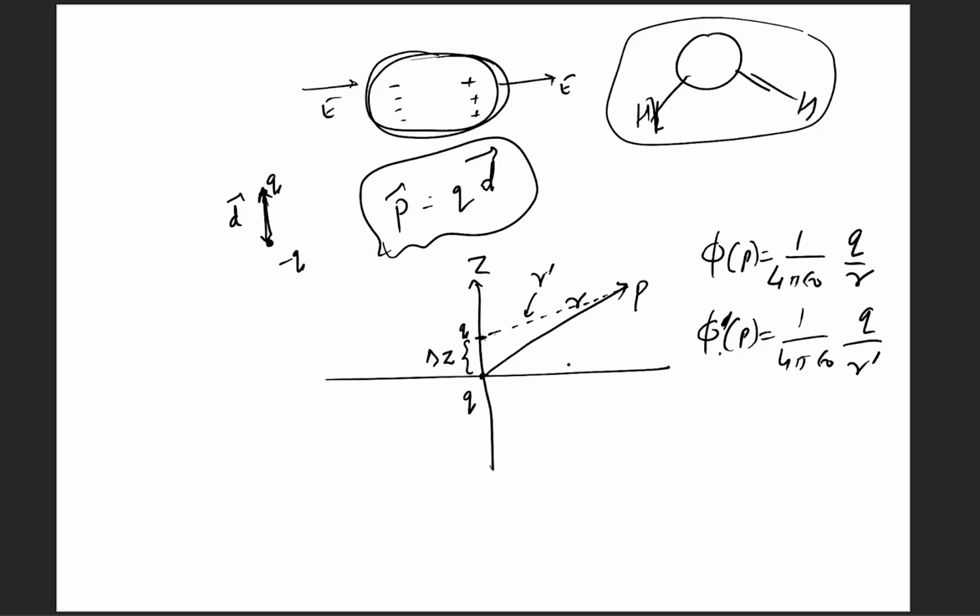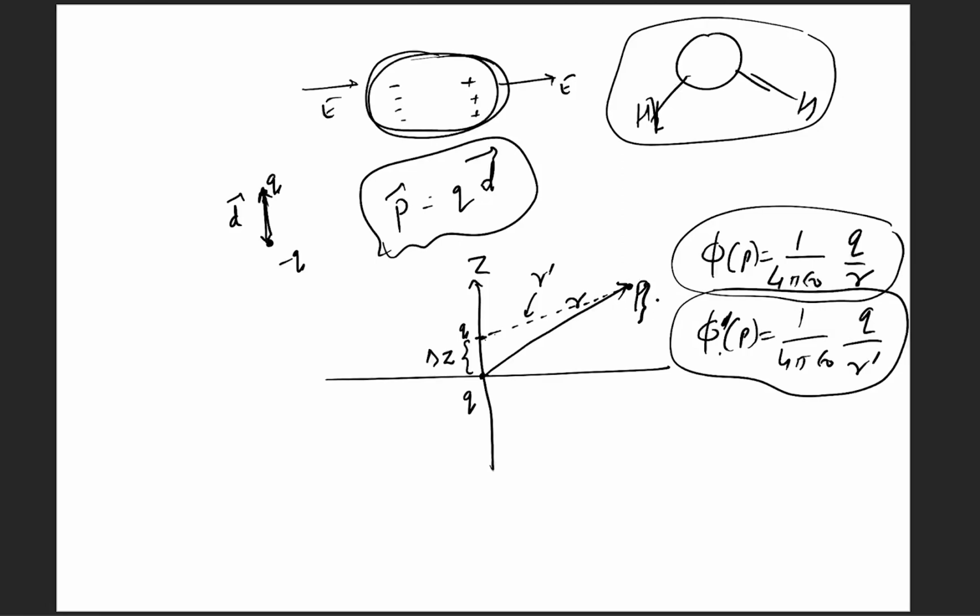Now this change from phi P to phi dash P is similar to the change if I do not move this charge to here. Instead I move this observation point, or the field point, by the same distance delta z. Let us say now at this point we have to find, and the charge is still here. So it is a parallelogram. So this will be again r dash.